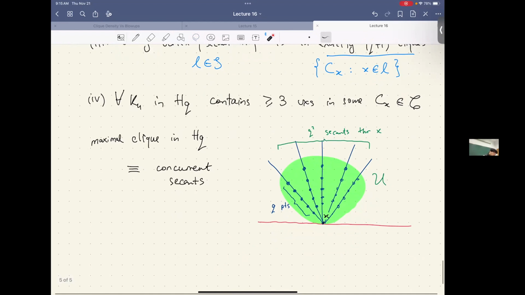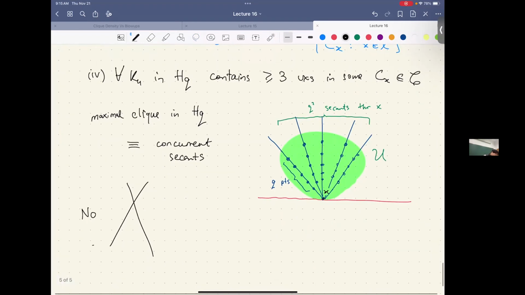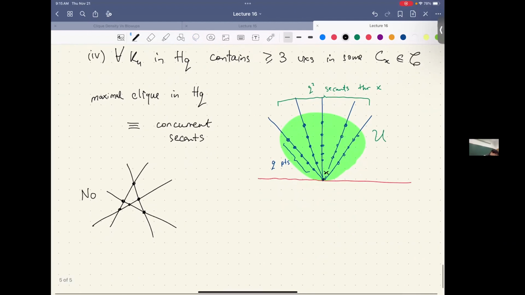So what do we know? We know that there are no 4 lines in general position. We know that for every 4 secant lines... What does it mean for 4 lines to not be in general position?